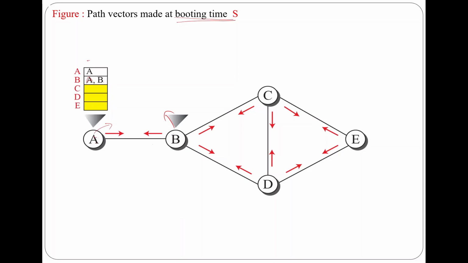But when we talk about A to C, because C is not an immediate neighbor of A, no path vector will exist here.